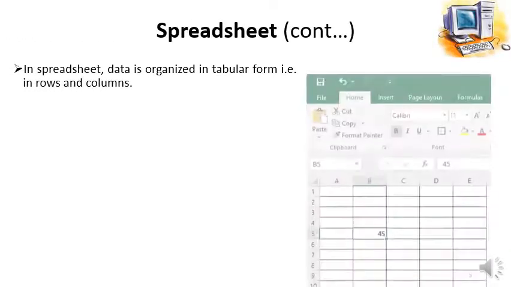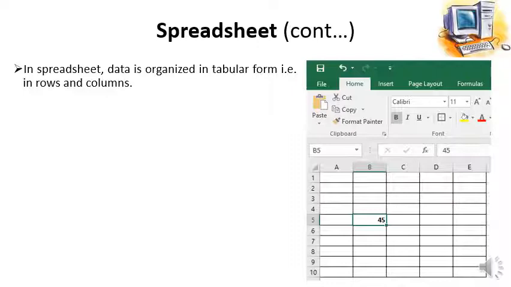In a spreadsheet, data is organized in tabular form, that is in rows and columns.